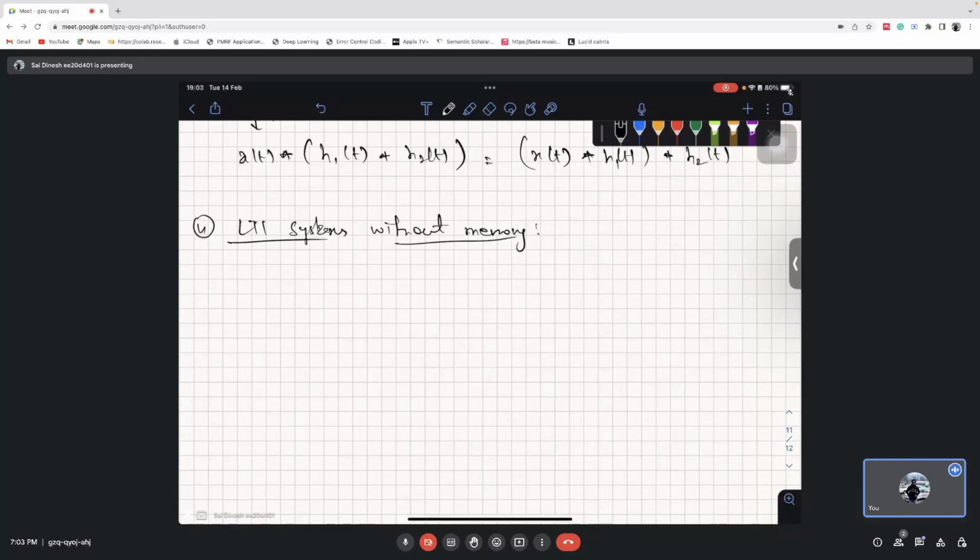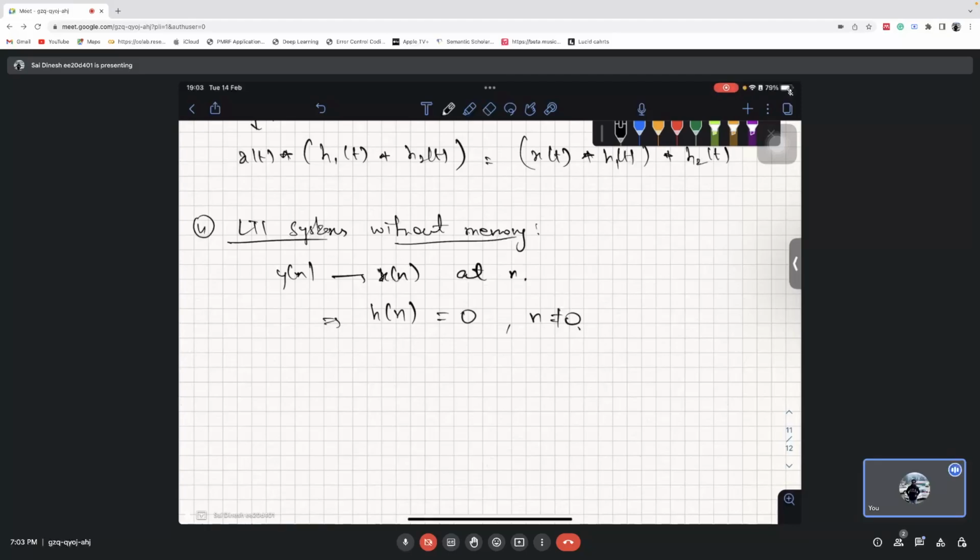This means that the system is memoryless if the output at any time depends only on the value of the input at the same time, which implies y of n depends only on x of n at n only. This implies that h of n equals 0 for n not equal to 0.